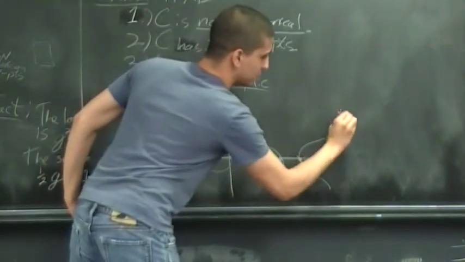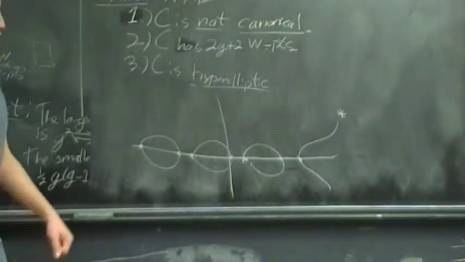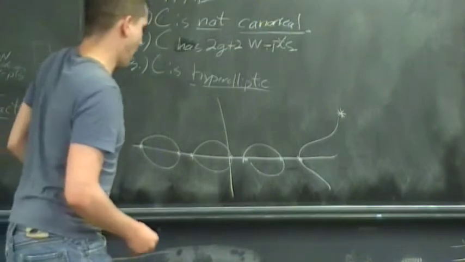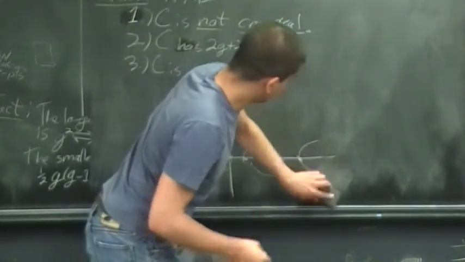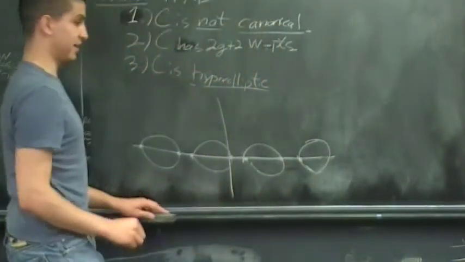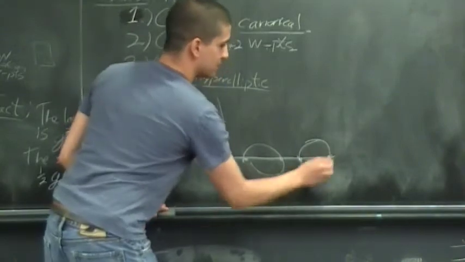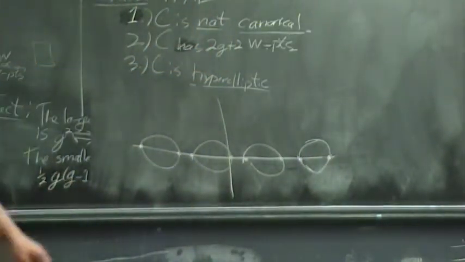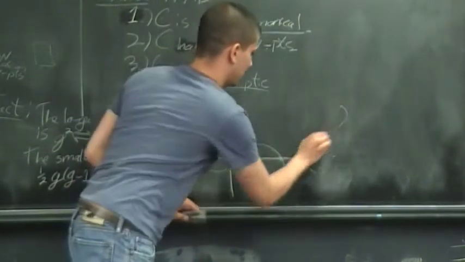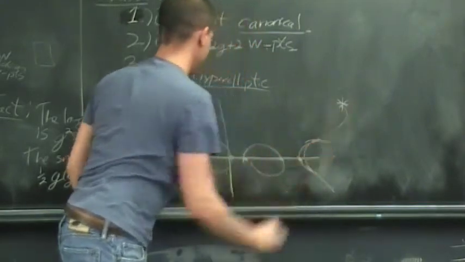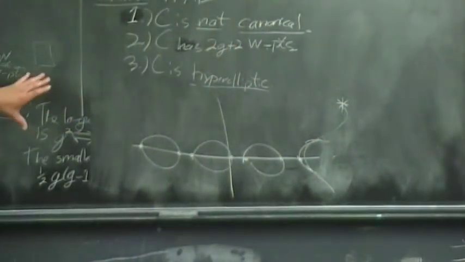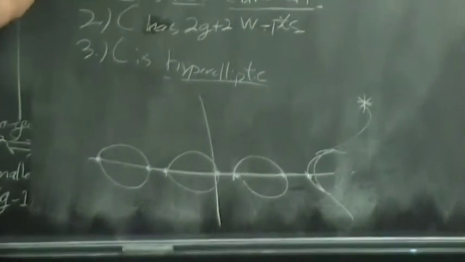And then, if there is one, the point at infinity. Of course, it's also possible our whole curve could just be made up of bulbs like this, in which case these are the Weierstrass points. But in general, this is what every curve that is not canonical looks like.